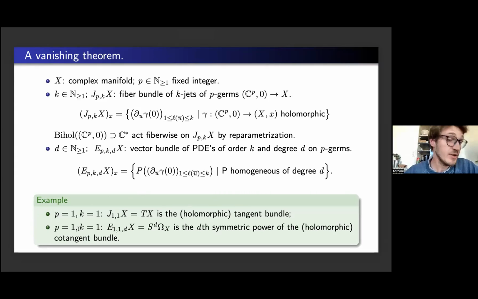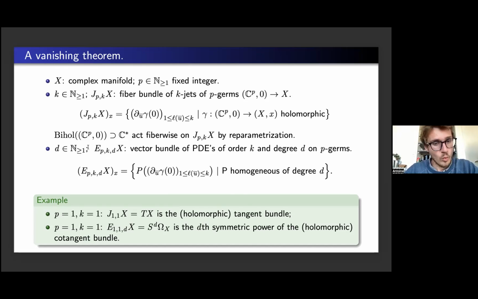And for still p equal to 1, k equal to 1, and any d, this vector bundle is simply the symmetric power of the holomorphic cotangent bundle. So we can see this object as a generalization of the symmetric powers of the cotangent bundle.